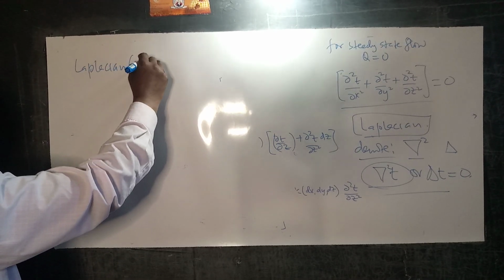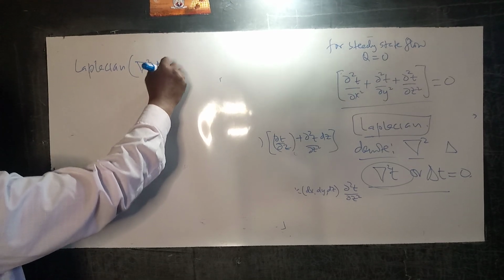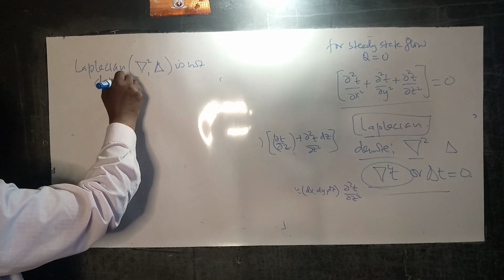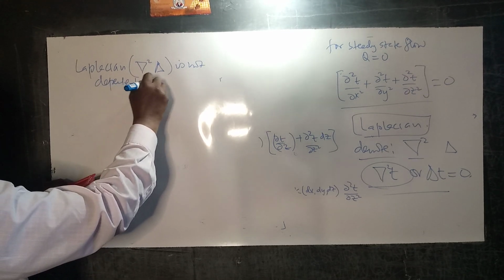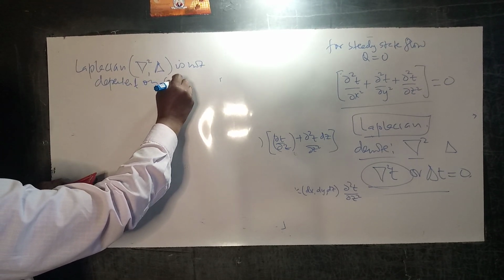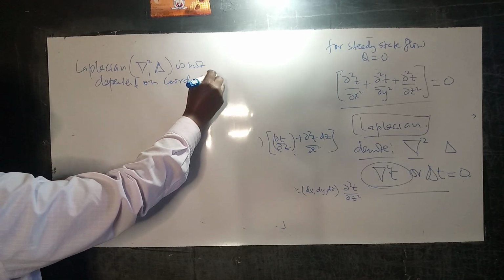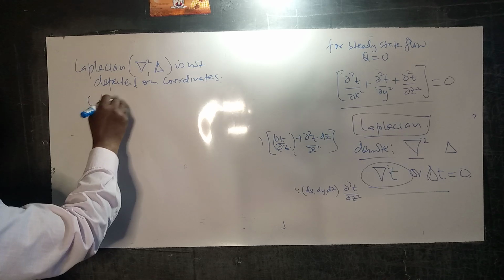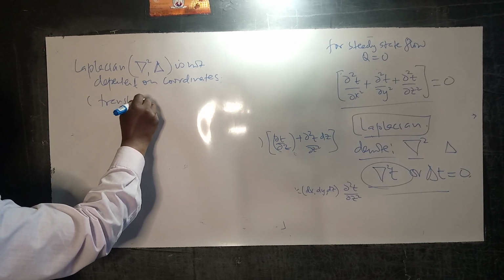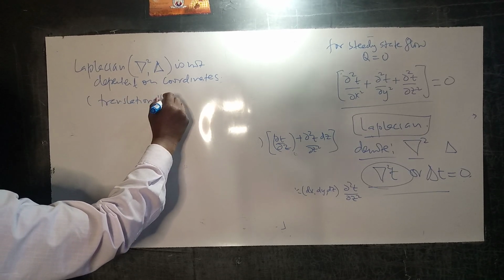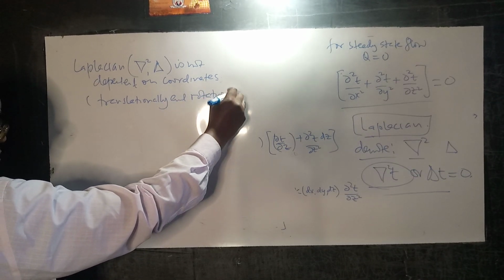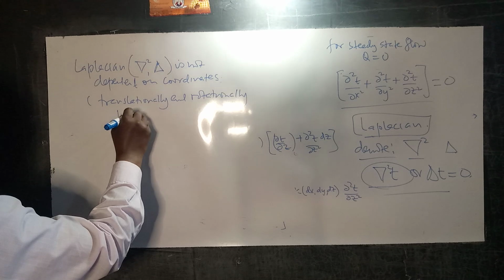The Laplacian, which you say can be del squared or delta, is not dependent on coordinates. In fact, we refer to it as being translationally and rotationally invariant.